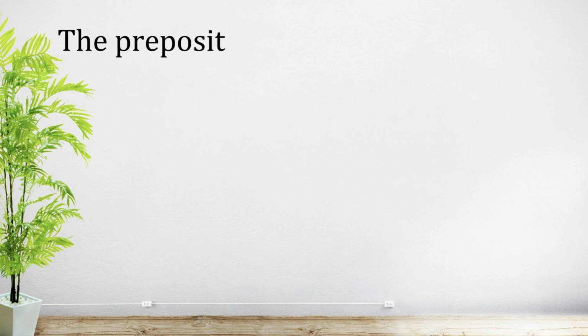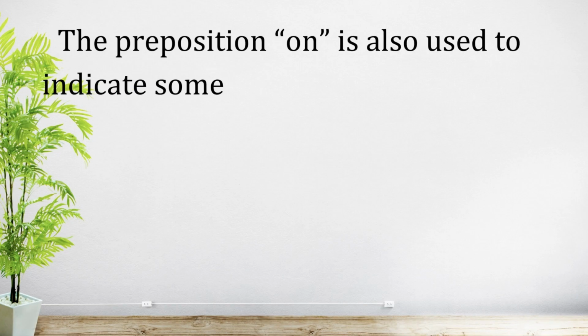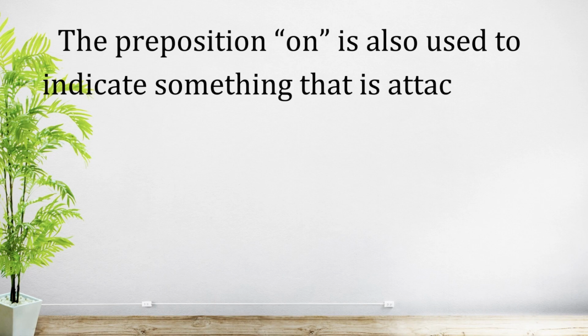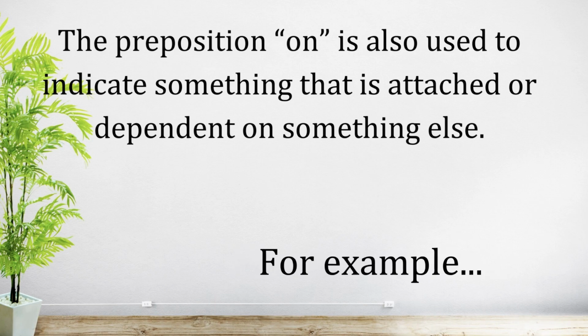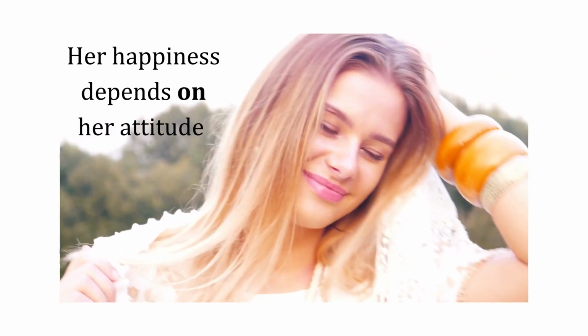The preposition on is also used to indicate something that is attached or dependent on something else. For example, her happiness depends on her attitude.